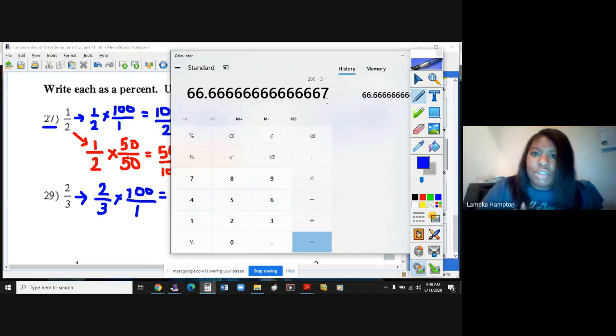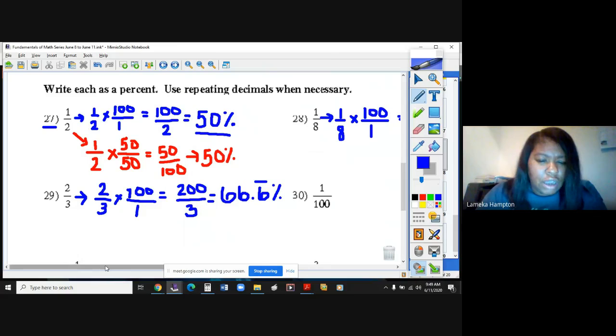They had to round it at some point because the sixes go on forever. If you can't see it in the playback video, you simply put in your top number, which is your numerator, the divide button, and then your denominator, hit enter, and you should get this answer: 66.66666666. And if you see a 7 at the end, that's simply because they had to round it. Okay. All right.